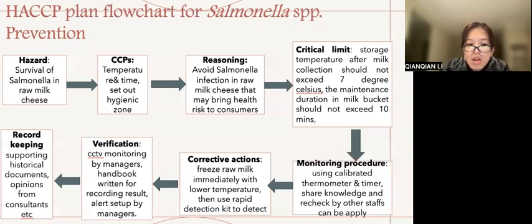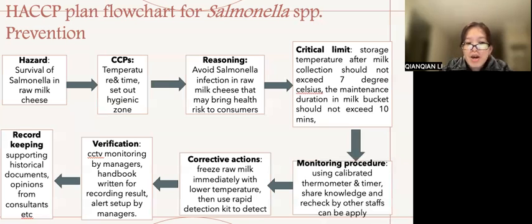If the staff do not complete the tasks, as seen by CCTV monitoring, then a alert and warning is given to the staff, to make sure they do not do it next time.